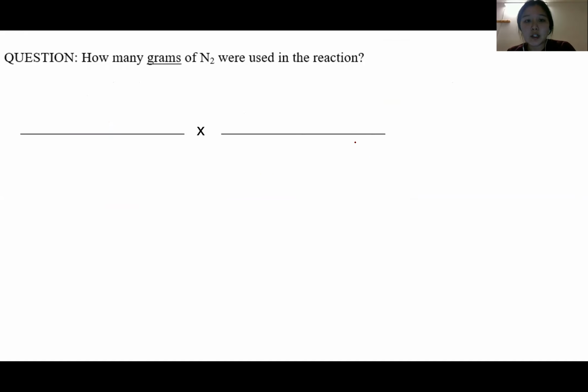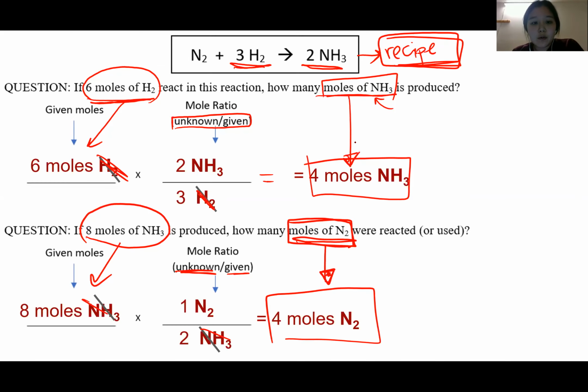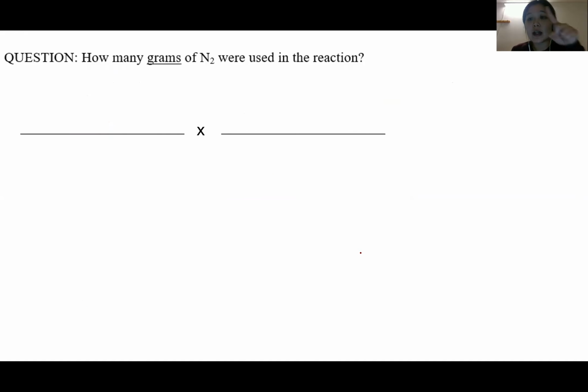So the next question asks you how many grams of N2 were used in this reaction. So you're not given anything here, but we know that from the previous question, we needed 4 moles of N2. So that's the number that you're going to use because we're dealing with N2 right now.